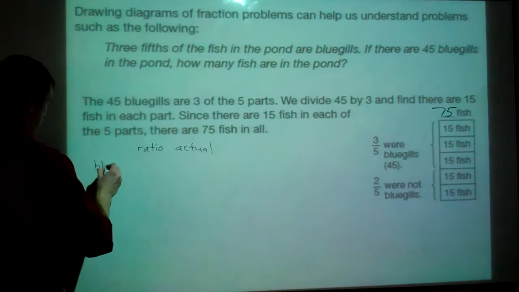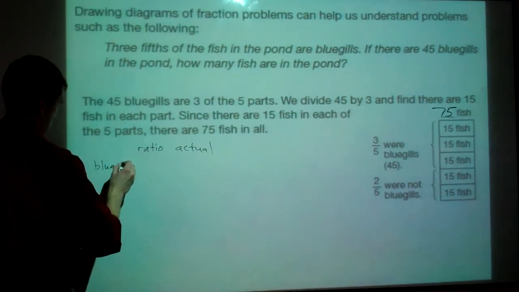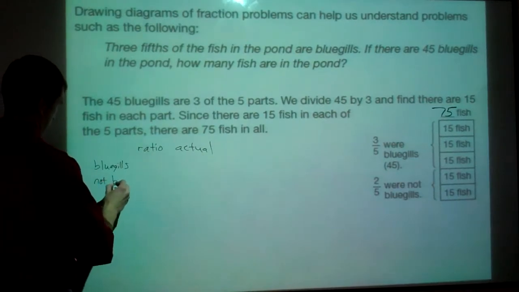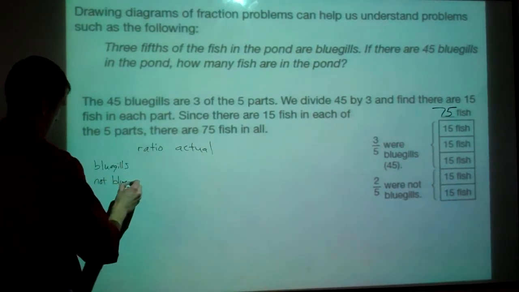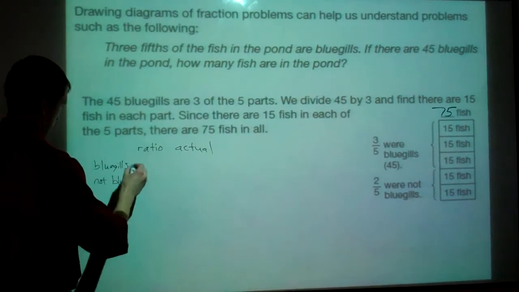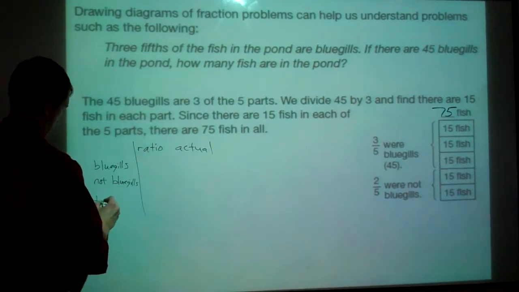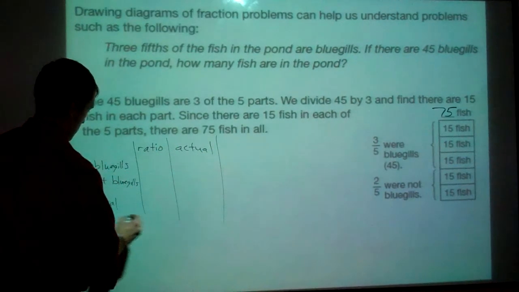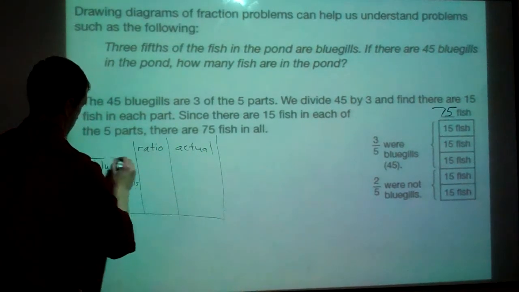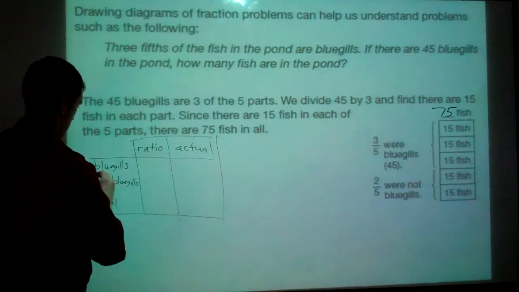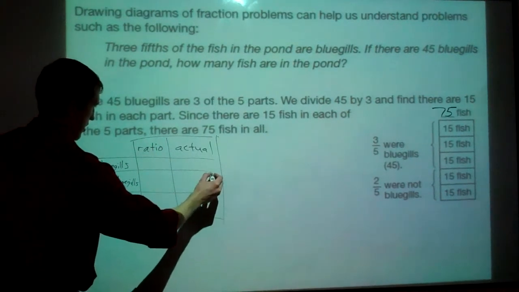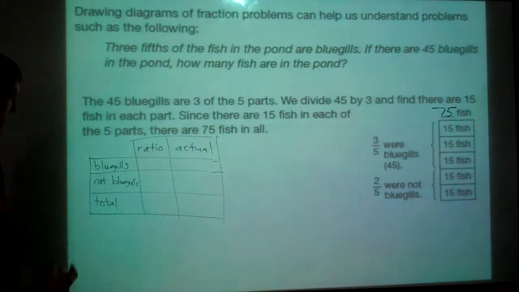We know there's bluegills, and then not bluegills, and then there's the total. So we could set up something like this. And most importantly, we want to be able to relate what goes with what.